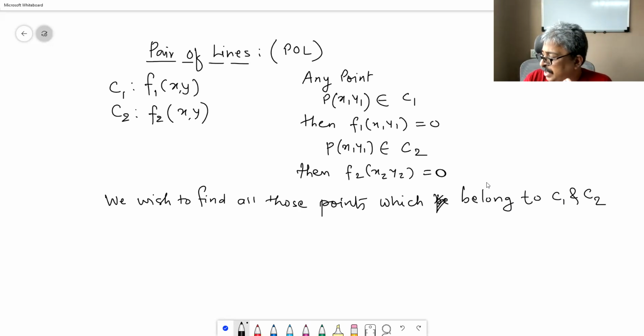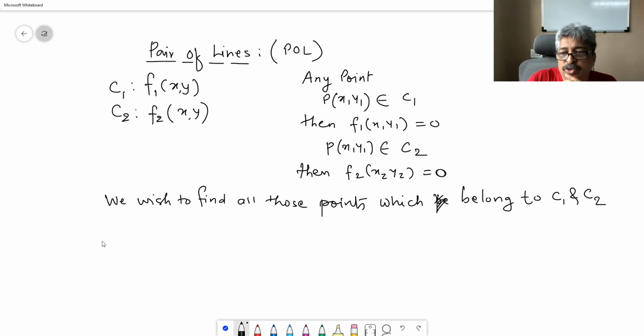If it is on C1, we are okay with it. If it is on C2, we are okay with it. If it is on C1 and C2, we are okay with it. Simultaneously on both the curves, we are okay with it.